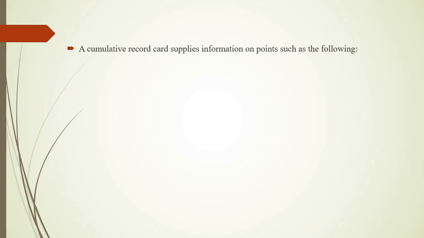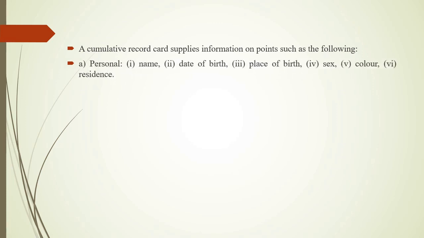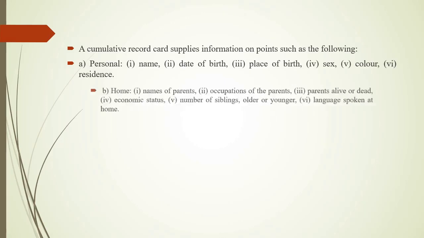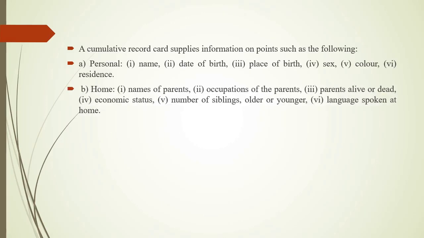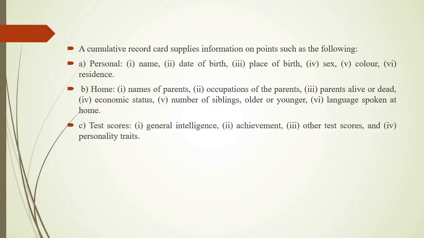A cumulative record card supplies information on points such as the following: personal information, name, date of birth, place of birth, sex, color, residence. Home record, we can say name of parents, occupation of the parents, parents alive or dead, economic status, number of siblings, older or younger, language spoken at home.